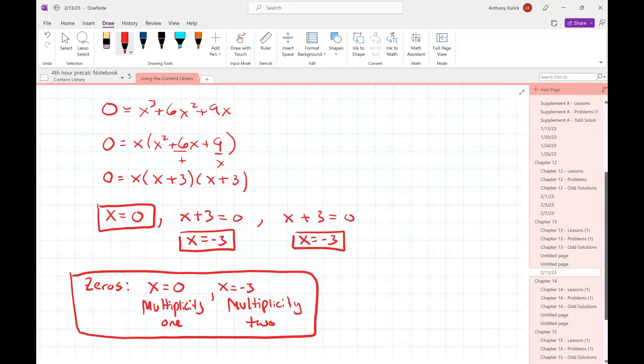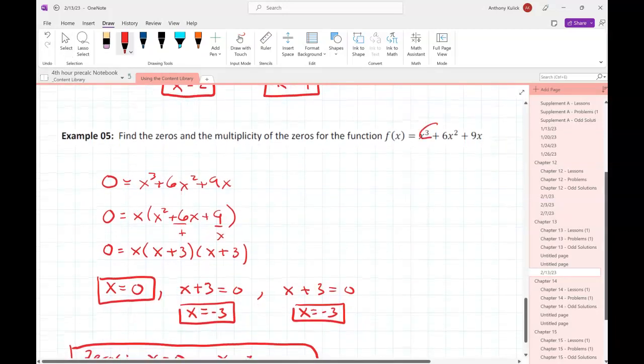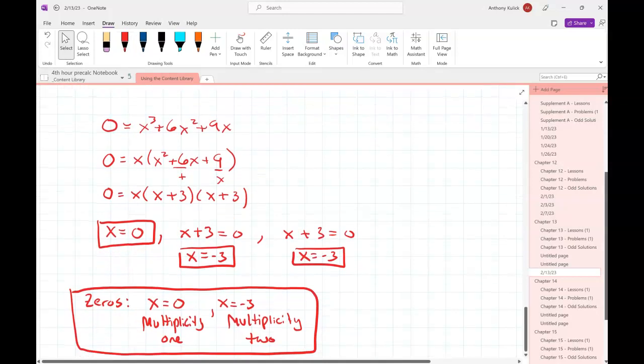Notice here, how many solutions did I have? 2. How many answers did I get when I solved this? Kind of got 3, right? Just one of them happened to be the same answer twice. But here's an example of the degree was 3. I only got 2 zeros, but there's still kind of 3 answers here, right?